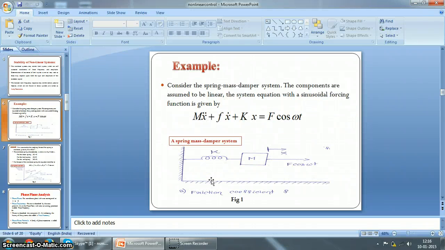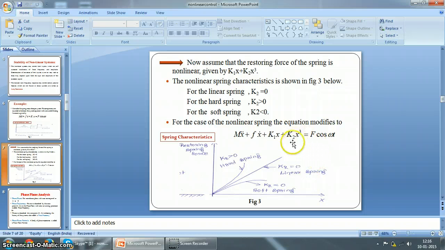So if you see an example for a linear system, just now we discussed the spring mass damper system, which we are showing you as a diagram, is the example for a linear system. For that one, if you add a nonlinear term of k2 x cube, the characteristic automatically becomes nonlinear. Suppose if that term is not there, then the characteristic is linear.